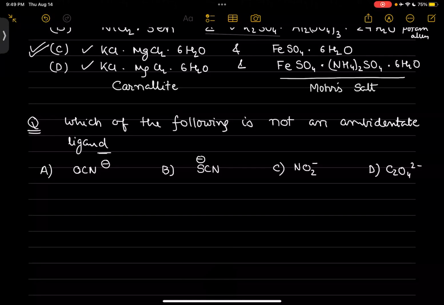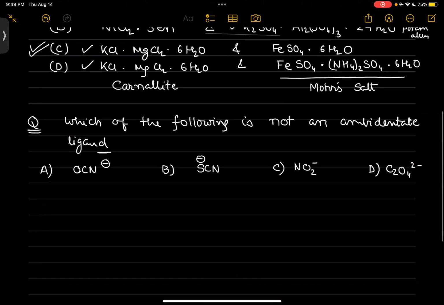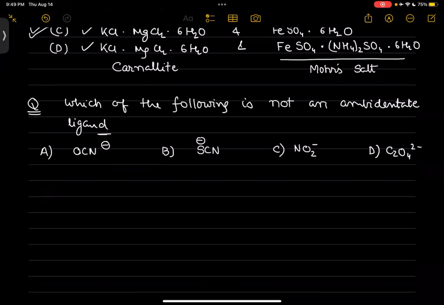Today also we have seen one ambidentate ligand, which can connect from both sides. There are two ways in which it can get connected. OCN, and it can be NCO also. Can you tell me the name of this ambidentate ligand?